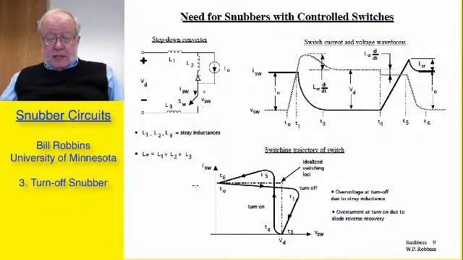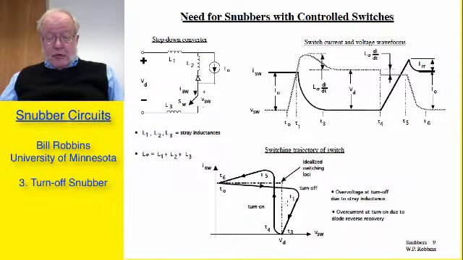And what that means is, if we trace out on the output characteristics of the device, if we start in turn off and turn it on, we follow the trajectory that I have coming up here. We have an overcurrent, and then we finally get to the on state. When we turn it off, we proceed along the path I've indicated here. We have an overvoltage, and we ultimately get back down to the power supply voltage.